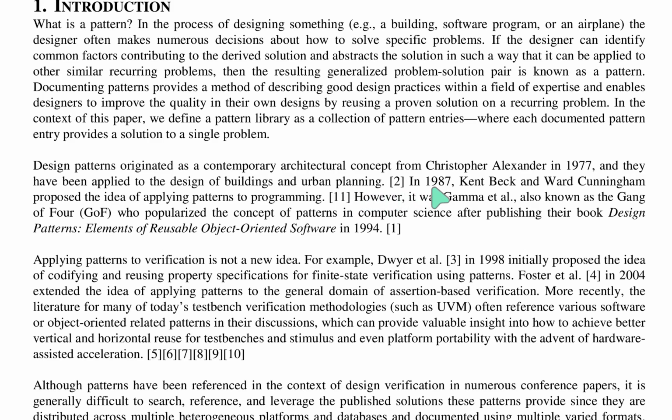In 1987, Kent Beck and Ward Cunningham proposed the idea of applying patterns to programming. However, it was Gamma et al., also known as the Gang of Four (GOF), who popularized the concept of patterns in computer science after publishing their book, Design Patterns: Elements of Reusable Object-Oriented Software, in 1994.